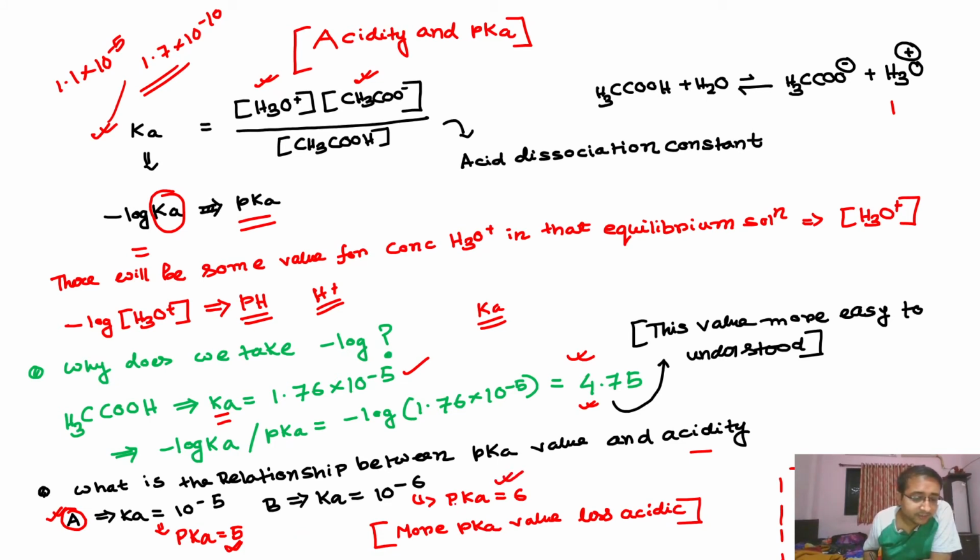So you can see that acid A, with pKa equal to 5, is much stronger than acid B. So from that we can say that the higher the pKa value of any acid, the lower will be its acidity, because the higher the pKa of any acid, its Ka value will be much lower. And if any acid possesses a very low pKa value, this suggests that the acid is much stronger in nature.